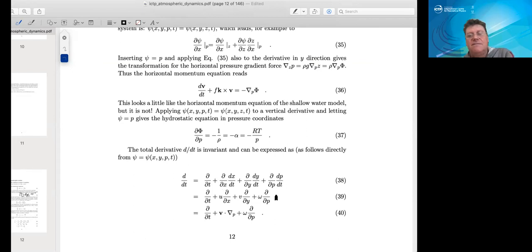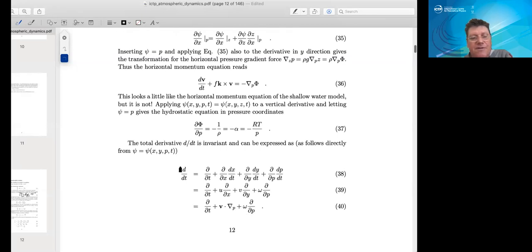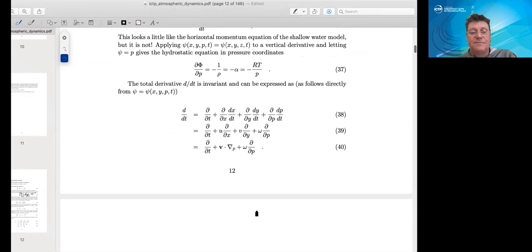And with that, we can introduce a new vertical velocity, the pressure vertical velocity, called omega. And then our total derivative just looks like this, just like our commonly used total derivative, but in the vertical direction, we have to use omega, vertical pressure velocity, times d by dp.